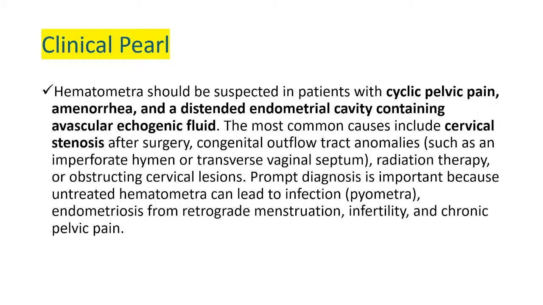Radiation therapy or obstructing cervical lesions are the other causes of hematometria. So prompt diagnosis is important because untreated hematometria can lead to infection, pyometria, endometriosis from retrograde menstruation, infertility, and chronic pelvic pain.